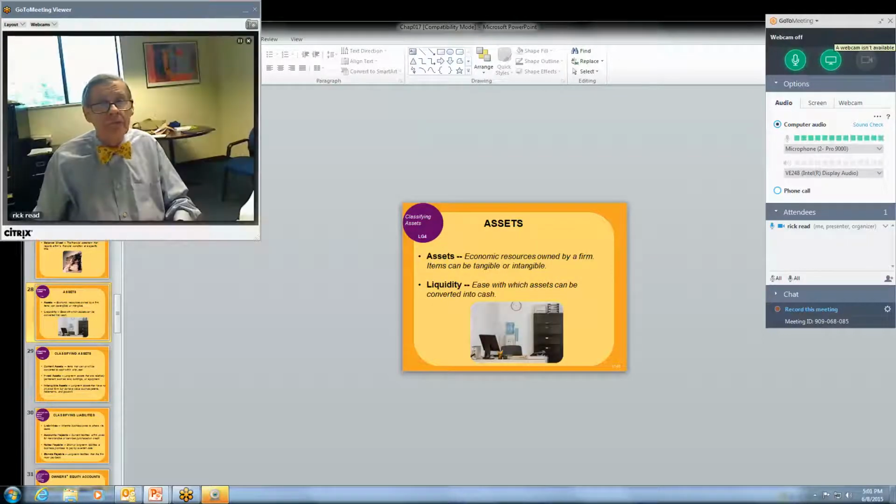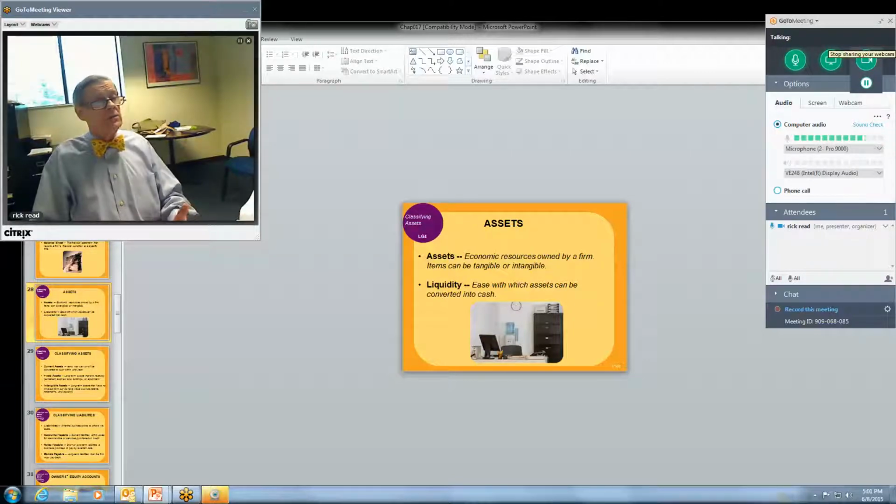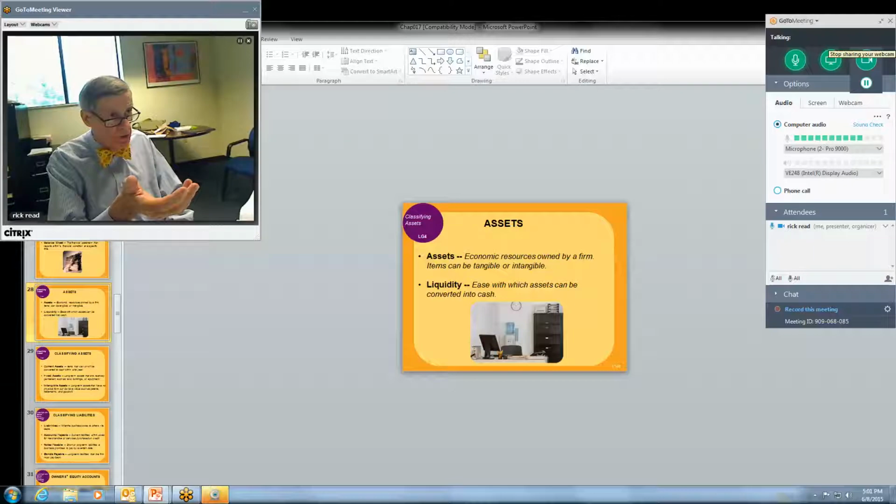What are assets? They are different types of things. They can be either tangible or intangible that the company owns, and they're considered an economic resource. Now, if you have a piece of machinery, it's pretty easy to say that machinery is worth X number of dollars based upon its original cost and the depreciation schedule.